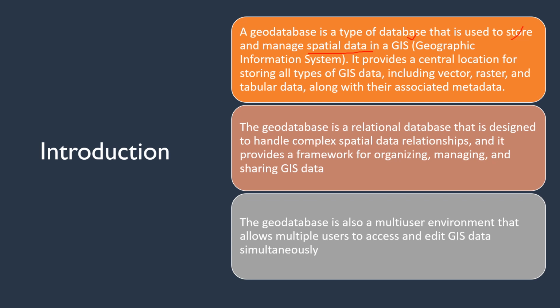So one data has a relation with another data. Suppose you want to know how many trees lie along the road or along the railway line, that analysis you can do with the help of the geodatabase in a very short period of time.